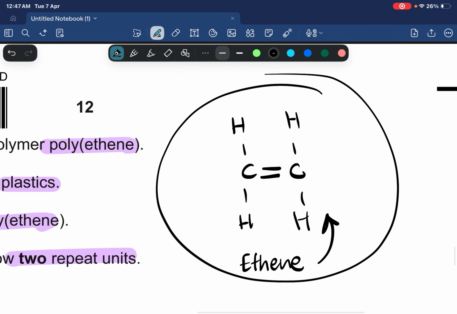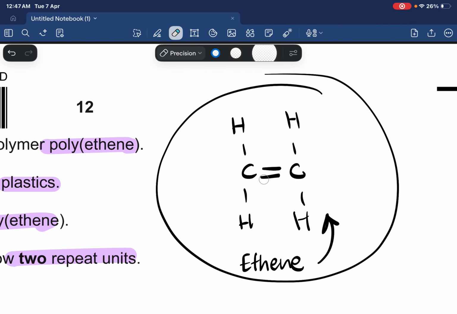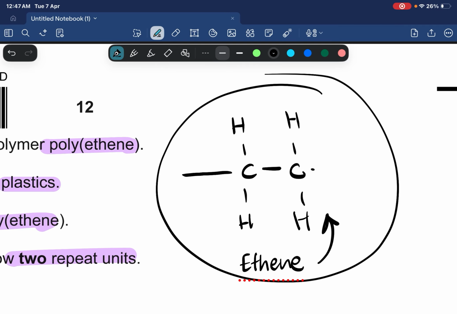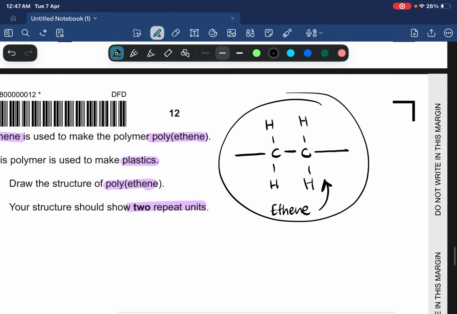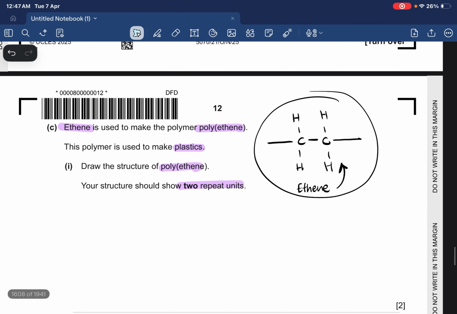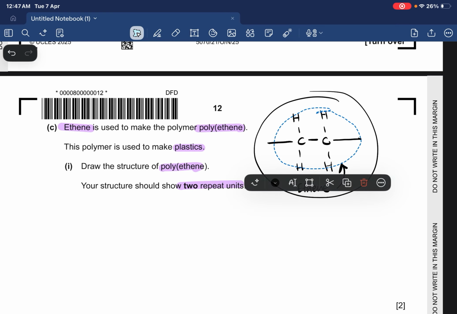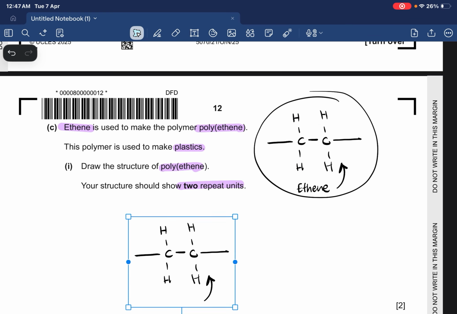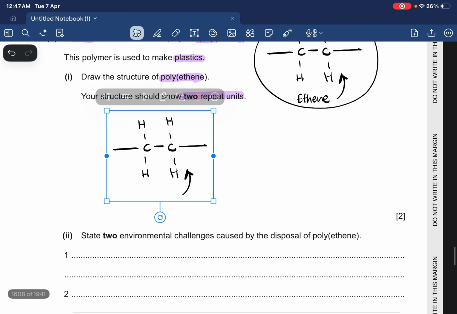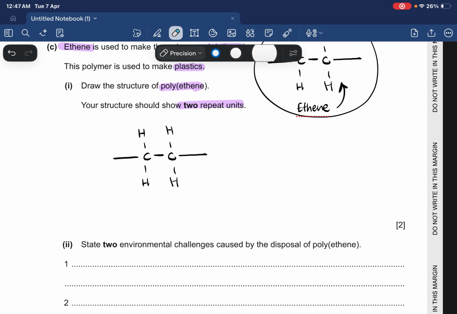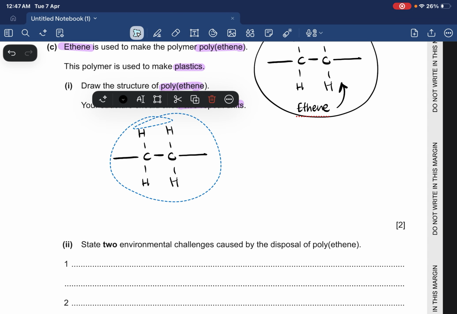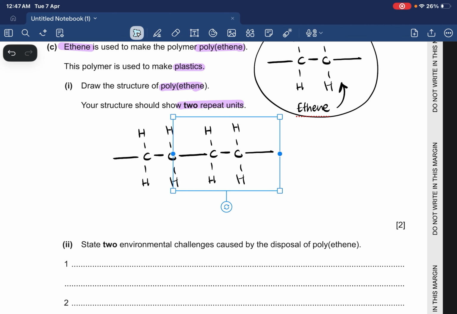Polyethene means that I am going to break the double bond and extend the bonds out like this. This is 1 repeat unit of polyethene. I have to make 2 repeat units like these. So I'm simply going to take this, copy it, paste it here, and then again copy it and paste it here.